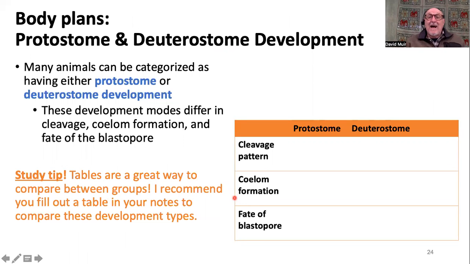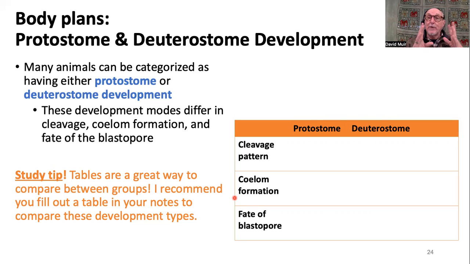We need to keep an eye on all of those things. All right? We need to keep an eye on the structure of the coelom, etc., because we're going to need to know where that coelom comes from. There are different ways in which that coelom can develop. And the way in which it develops divides all the animals into two great groups.